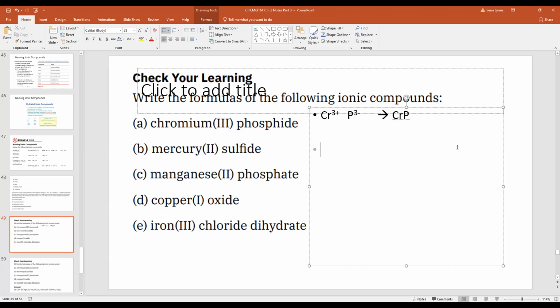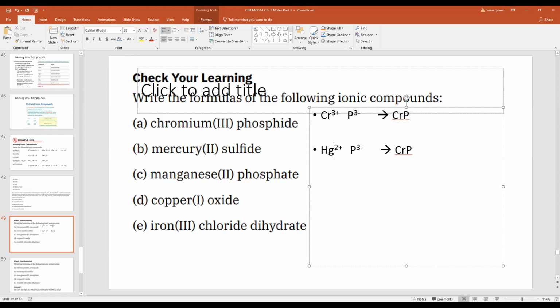Then with the next one, same idea. Hg. So just so I don't have to keep doing the superscript each time, we're just going to do this.